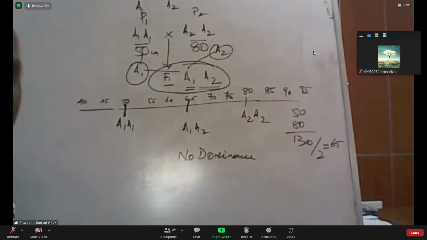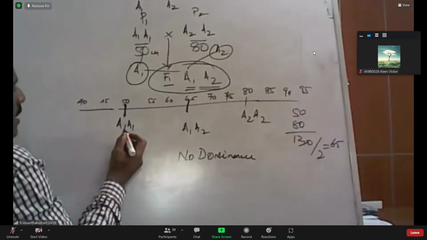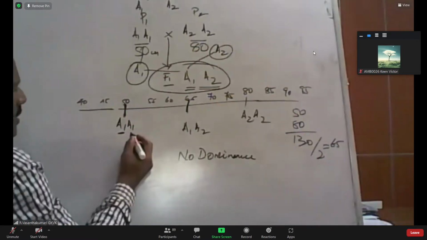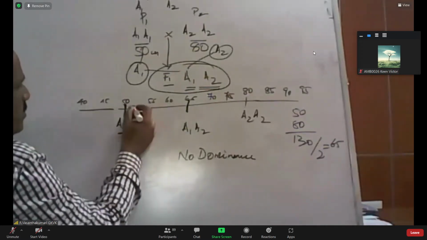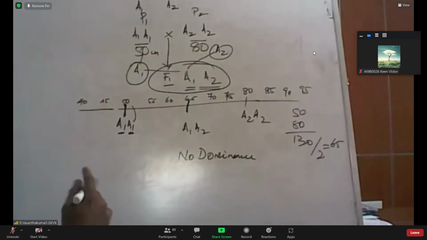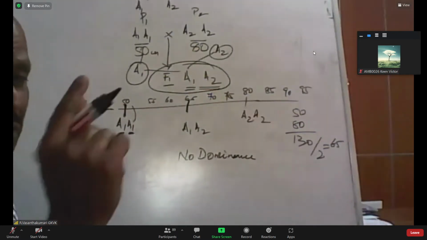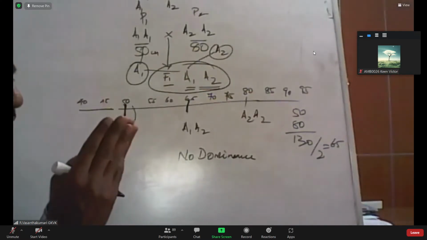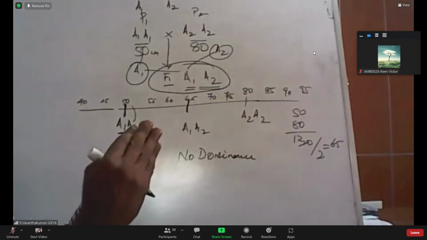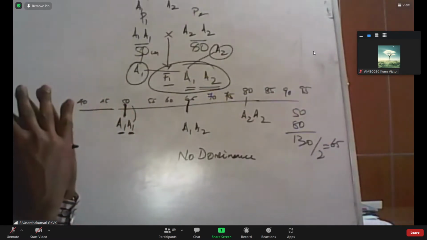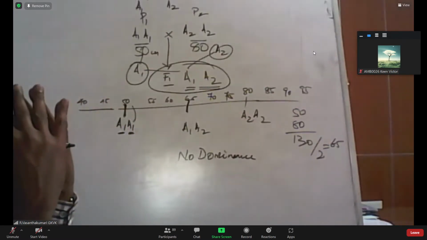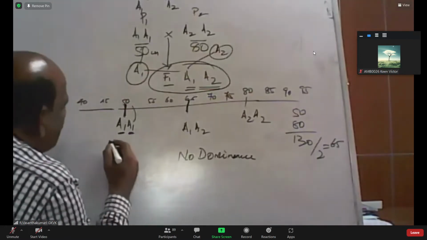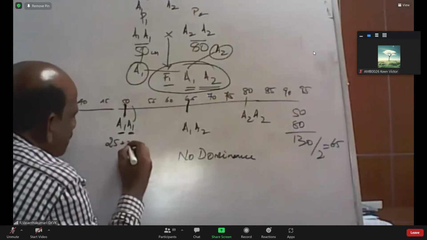How do you give an explanation to this? A1 A1 put together produce 50 centimeters. Now, what is the effect of A1 alone? Two alleles put together give you 50 centimeters, so 25 and 25. Clear?